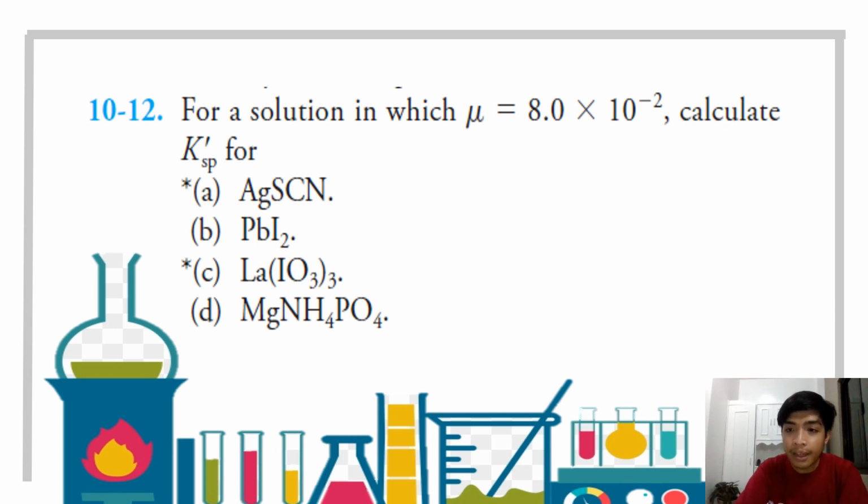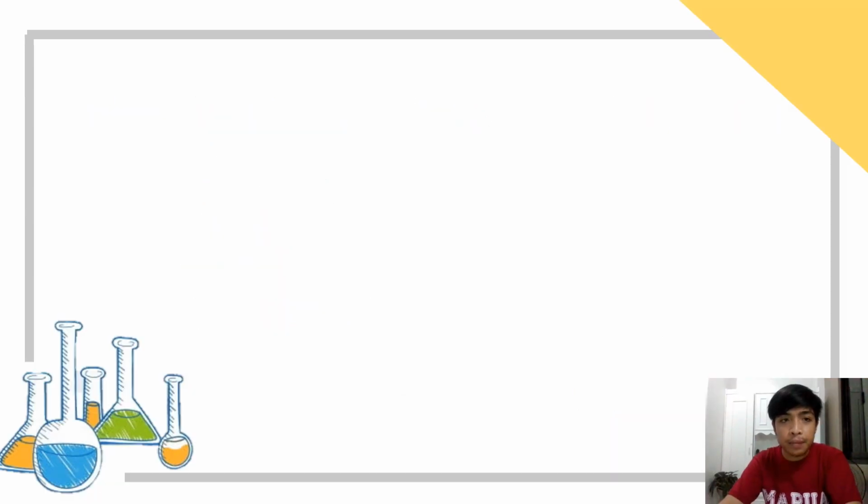So before we proceed to the calculation, I'll just be giving you the 2 equations used for the calculation of the Ksp prime. So to determine the values of Ksp prime or the concentration solubility product constant, we will be utilizing these 2 equations.